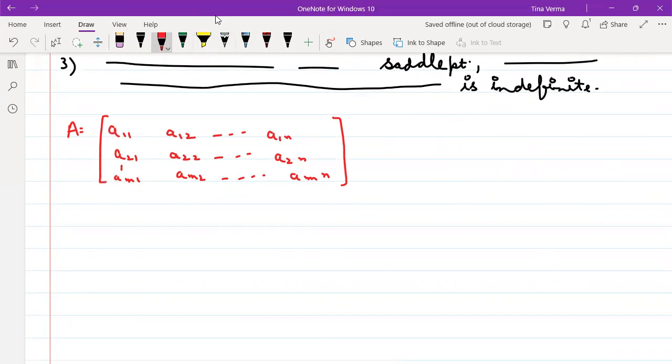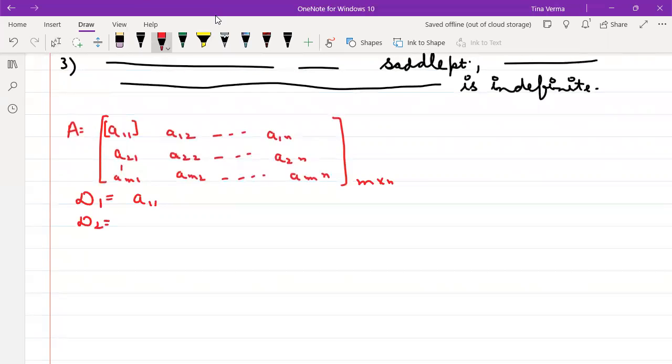That means the lowest order, what will it be in this matrix? This is your m cross n matrix; take 1 cross 1. That means you have to consider only this element, so you call it D1 equals A11. Okay? You cannot take any other element, the diagonal is formed this way. So we have to take the principal diagonal only, right?